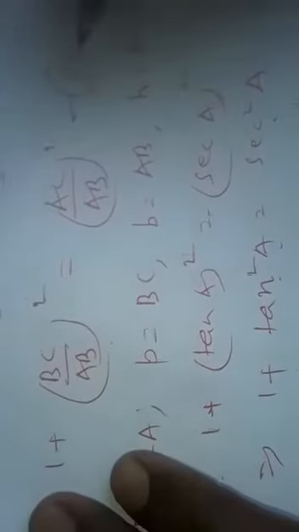Now in equation number 2, for 1 we will write 1 over here, but for angle C, BC is representing B and AB is representing P. So what do we get?